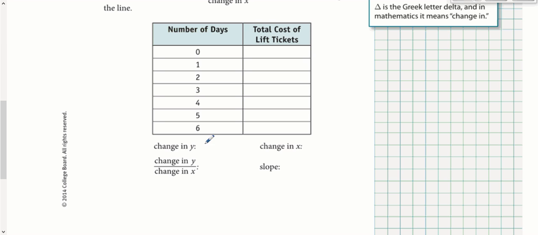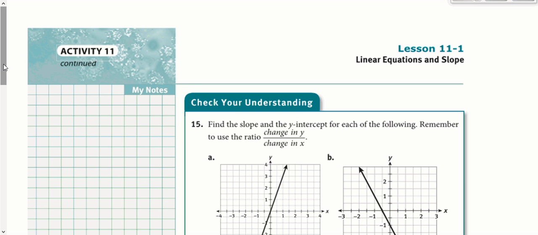And then you could figure out your change in y, your change in x, and you can come up with these things. Really, these are the same. This is the same information, whether you're looking at the original table or you're looking at the points on the graph. All right, last page here.